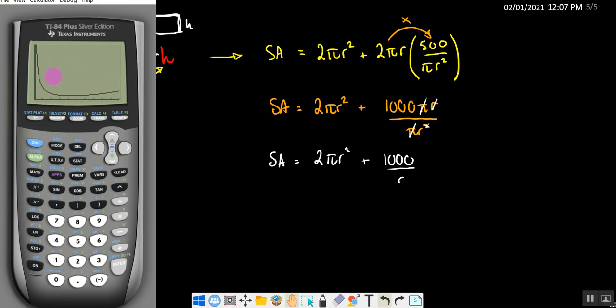And we need to find that, and you know how to do that, which is? So yeah, second trace for calc, find the minimum, press enter, left bound. So I'm going to take my cursor to somewhere where it's going on the up. Doesn't really matter where.